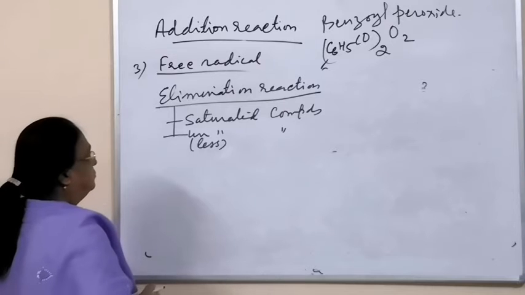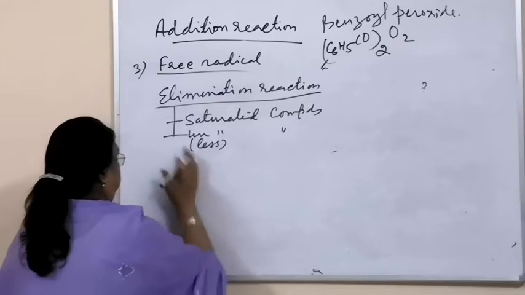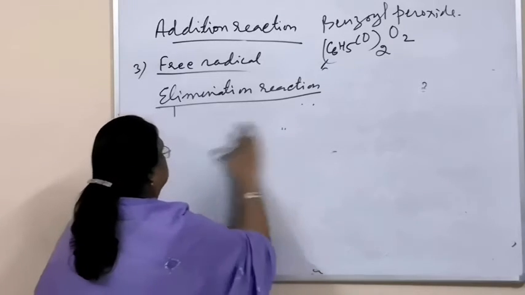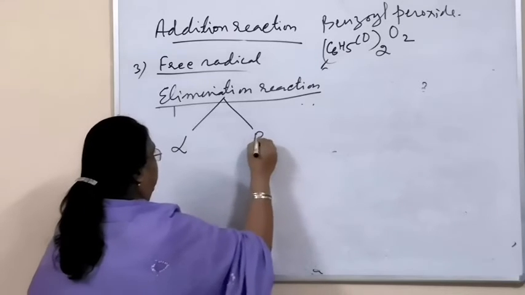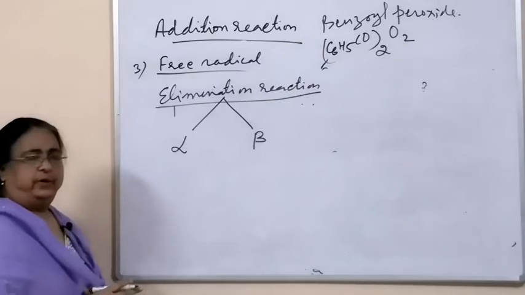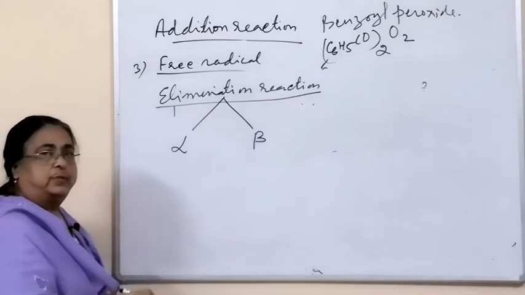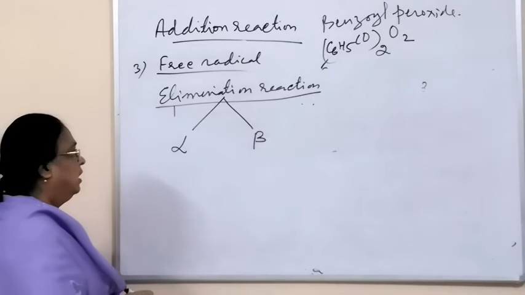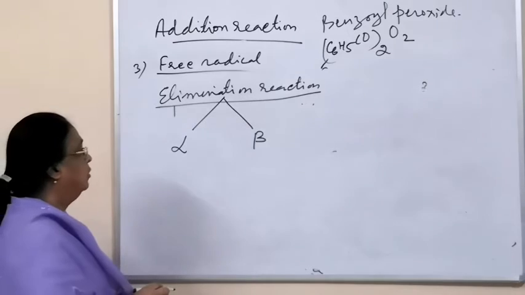And this elimination reaction is of 2 kinds: alpha elimination and beta elimination. Remember always, whenever elimination takes place, it is not only one atom which is removed, but always 2 atoms will be out from a molecule.